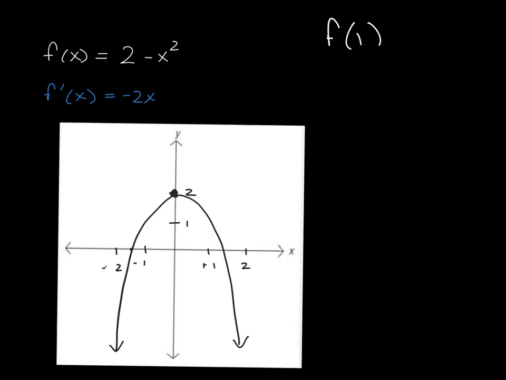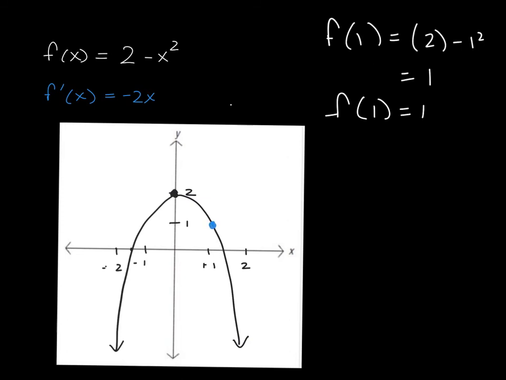At f of 1, that just gives me my function, 2 minus 1 squared, which is just equal to 1. Or f of 1 is equal to 1. That point on that graph is right here.